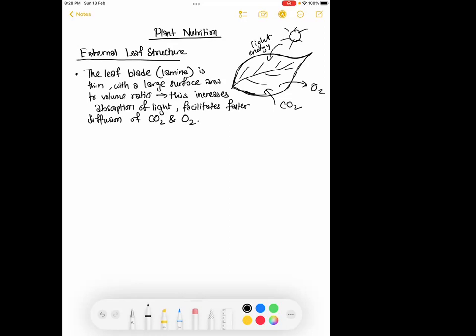All right. So that is about the leaf blade. Oh, by the way, a leaf also has a stalk. So like somewhere here. Yeah, so the leaf stalk, I don't know if you need to know the other name, I'm just going to mention it anyway.